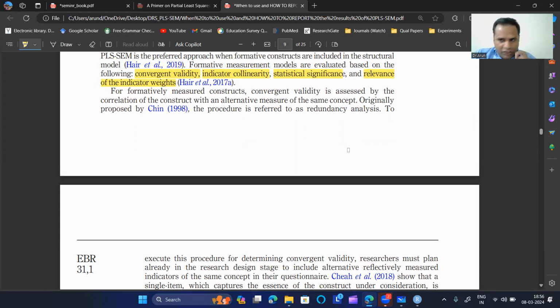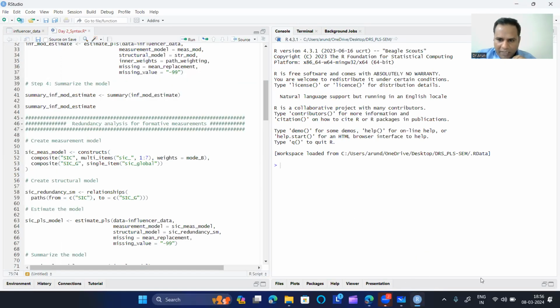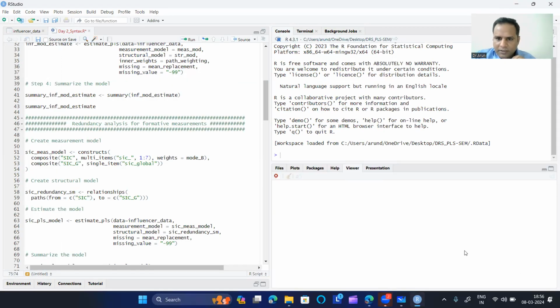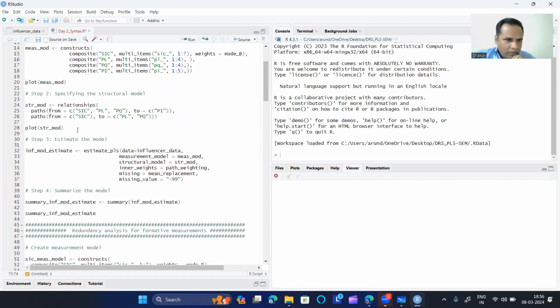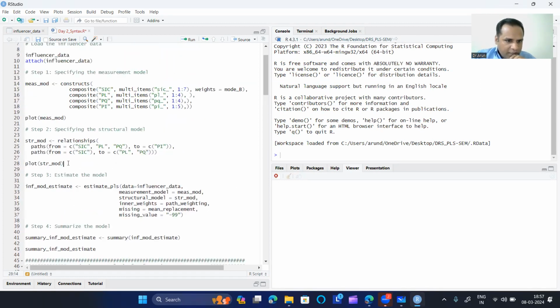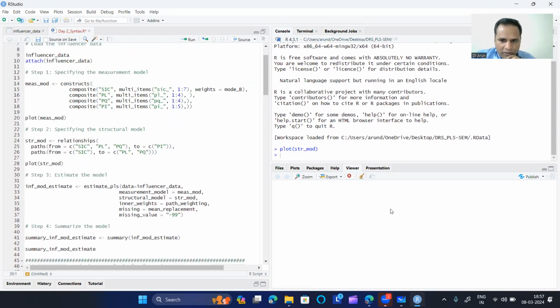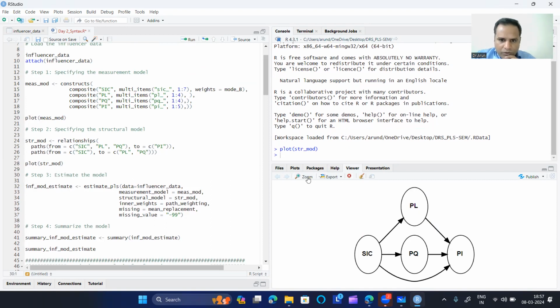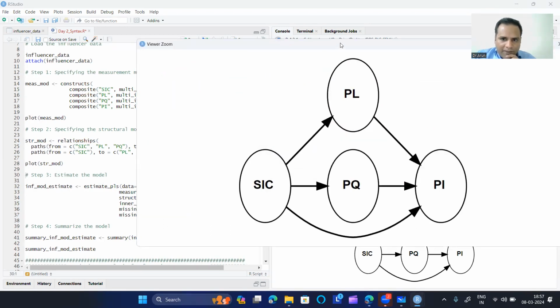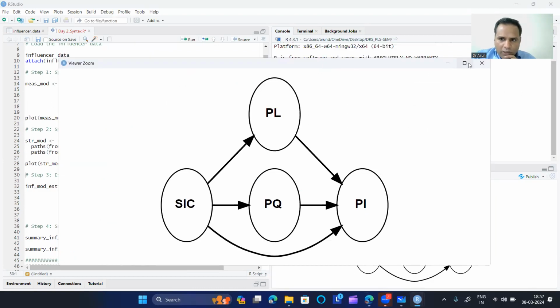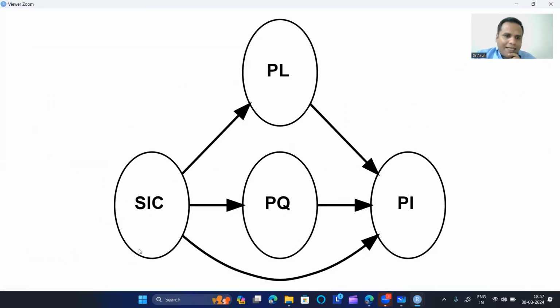Now, friends, please pay attention. Take the example of our model. If I can plot this model, just a second, okay. So this model, you all know that SIC is formatively measured.